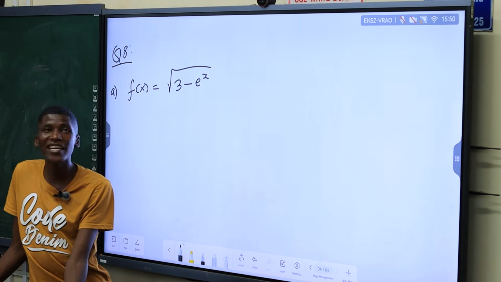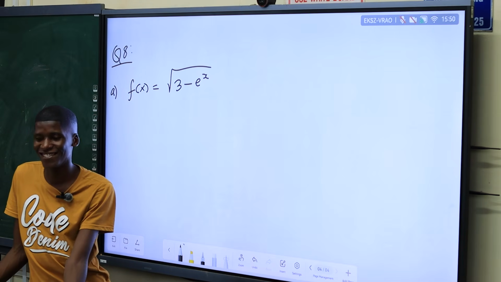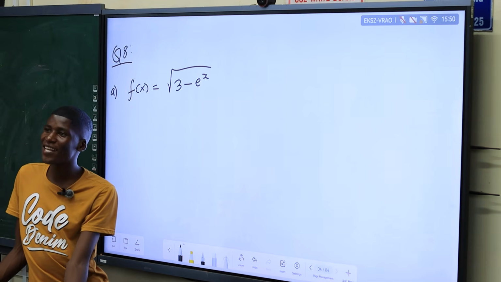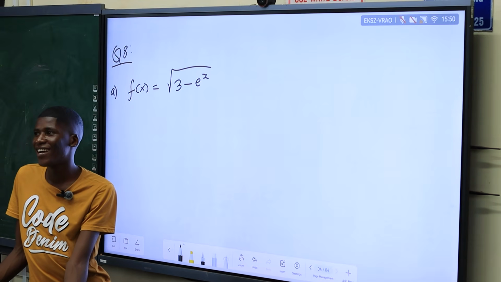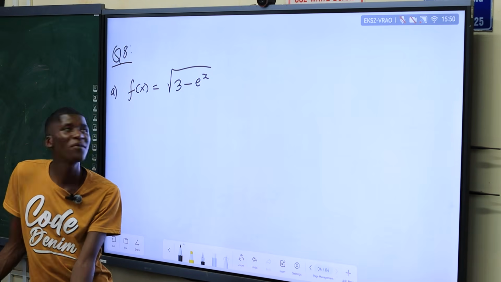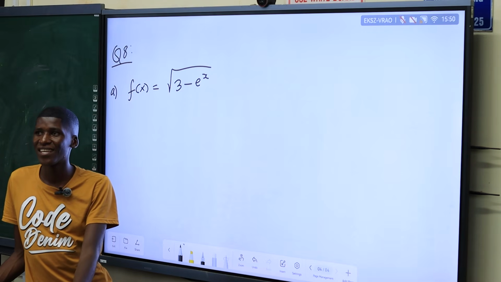What is the domain of a square root function? The domain of a root function: x is greater than or equal to 0. If you put 0 into it, it will just give you a math error.